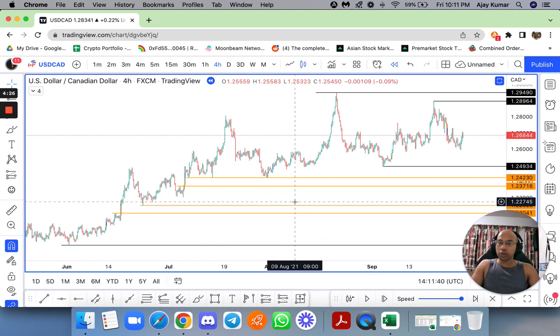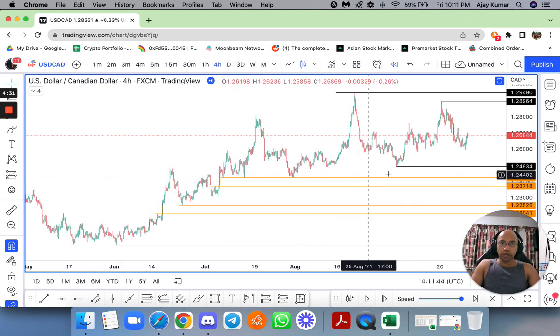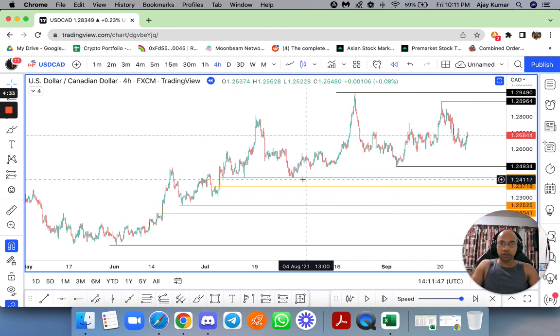When will I switch my bias to shorts? Let me think. If I see a break of this low, if price closes below this level, I think I will switch my bias to shorts.